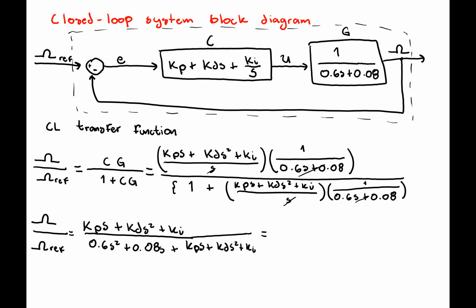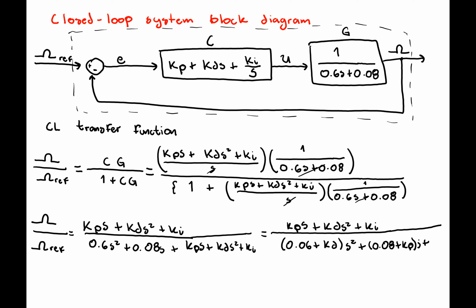Okay, now we can rearrange this expression a bit. The numerator we can keep the same, plus Ki, but for the denominator we can put together the coefficients of the square, linear, and independent terms, and this becomes (0.6 plus Kd) s square plus (0.08 plus Kp) s plus Ki.